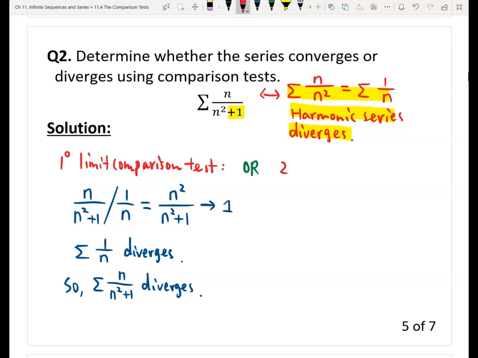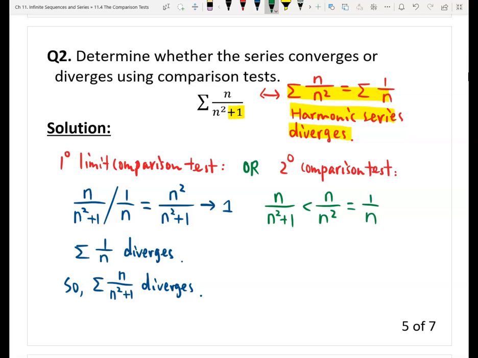If somebody likes direct comparison, let me write here, or you can do it this way, the direct comparison test. No big difference. So for ours, which is n over n squared plus 1, how do you compare? Someone will say ours is bigger: if I delete the 1, we will have this, and this simplified is 1 over n.